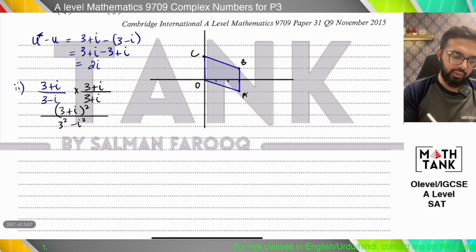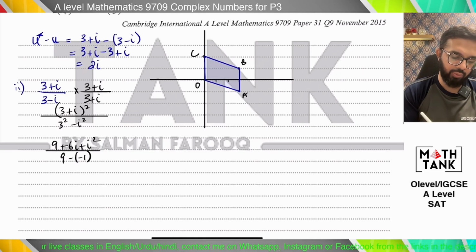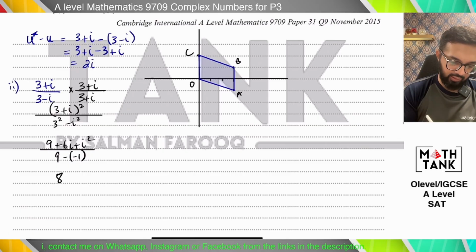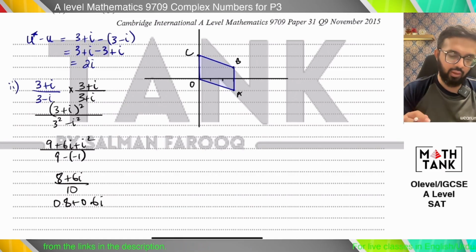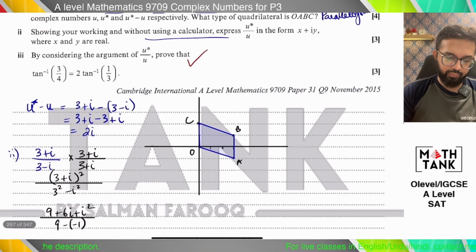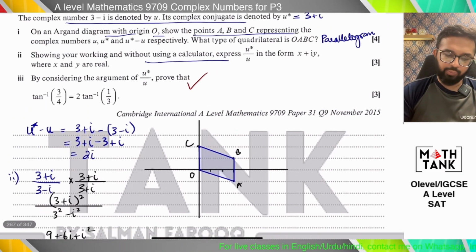Okay, so that's 9 plus 6i plus i squared, 9 minus minus 1. So I am getting 9 minus 1 plus 6i divided by 10. So that's 0.8 plus 0.6i. Okay. Now that was part 2.